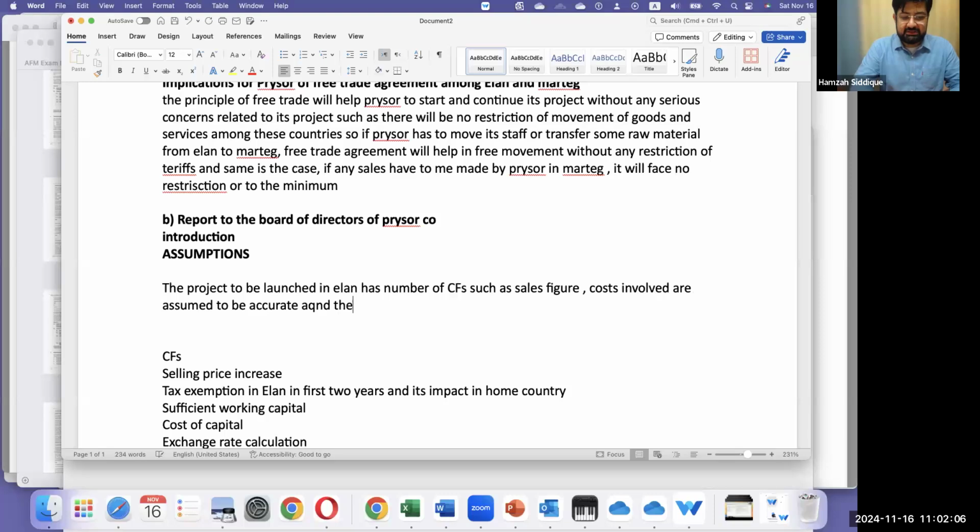And the fact is, these are estimates and have uncertainty attached to them.